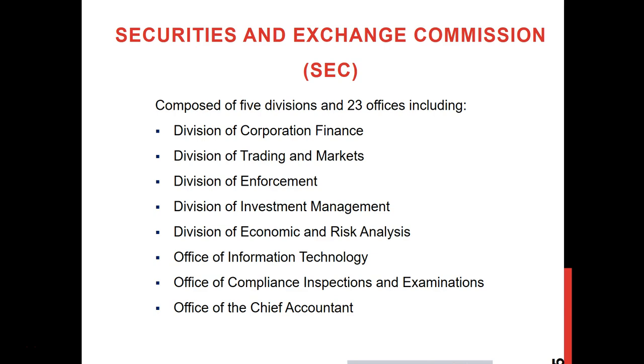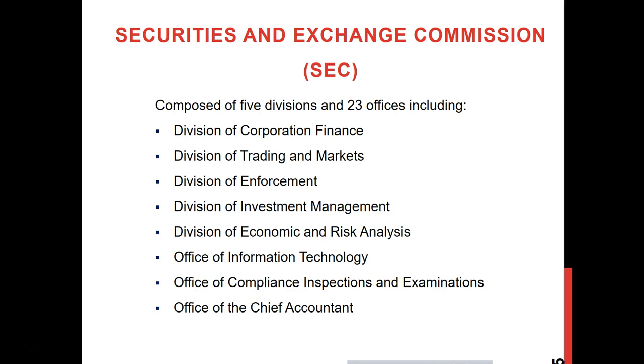The fourth division is the Division of Investment Management, which oversees all investment management companies and administers the securities laws that affect investment companies, especially those that include mutual funds and investment advisors. The last division is the Division of Economic and Risk Analysis.